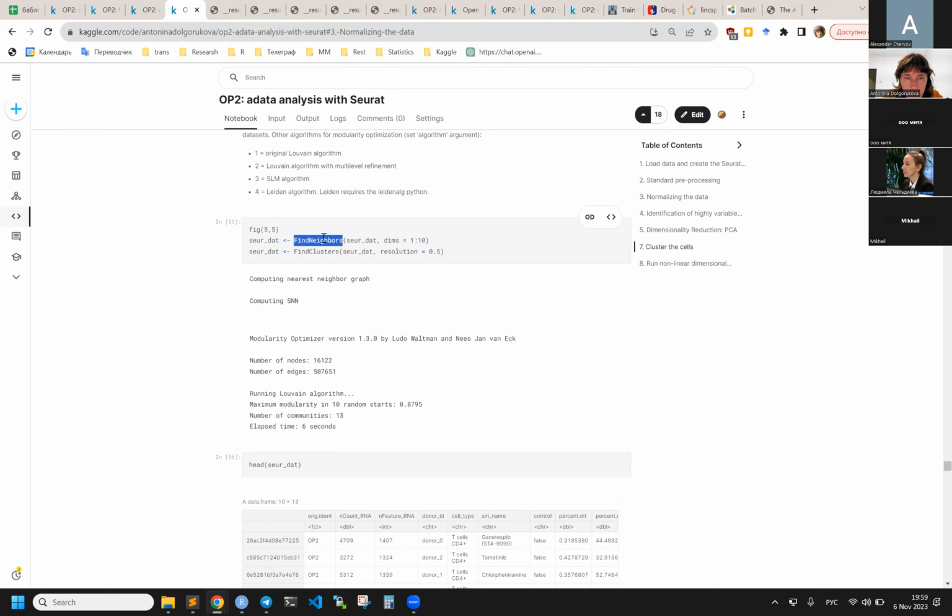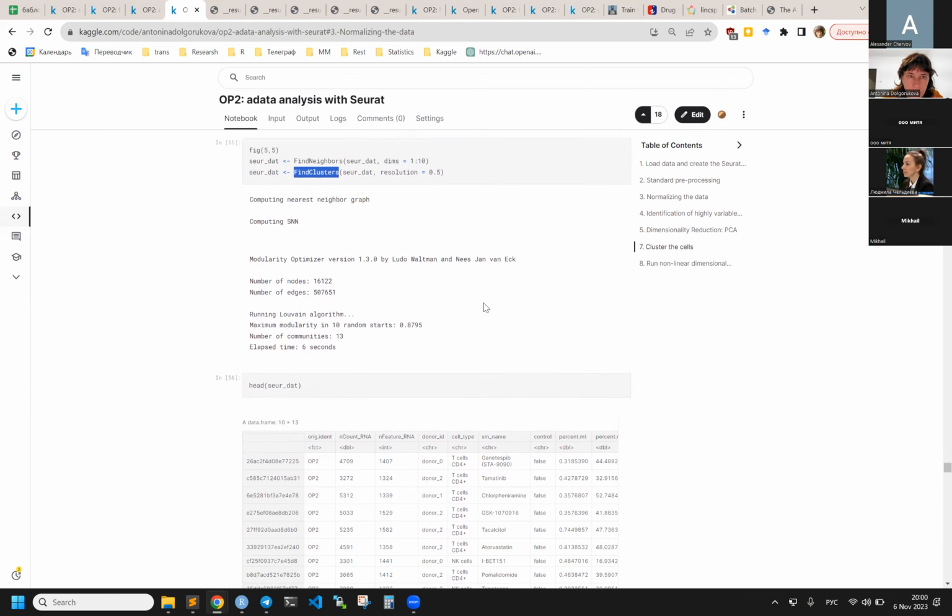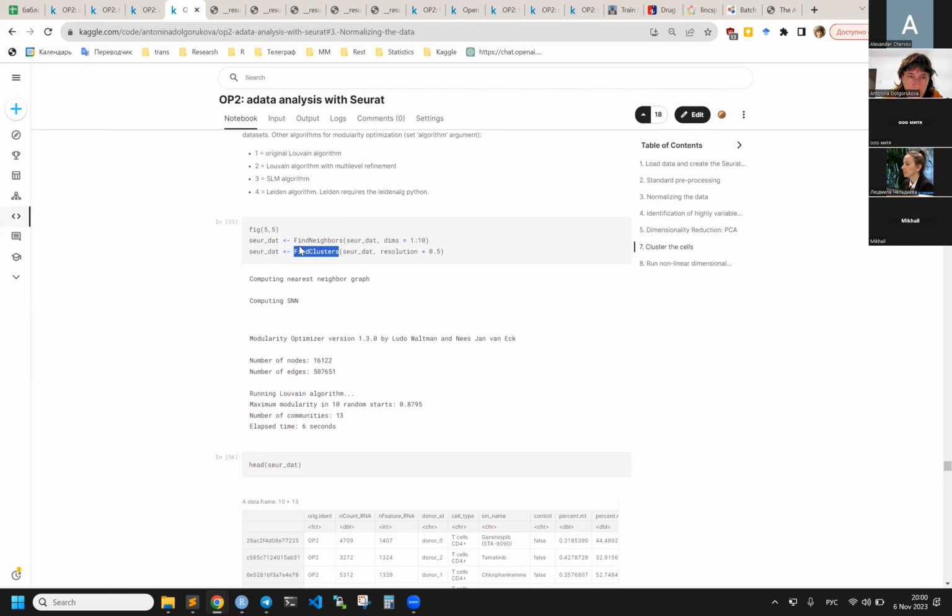now I do the analysis, finding neighbors and constructing clusters. This is to find what clusters our highly variable features produce. So again, we have highly variable genes, and these genes may differentiate drugs or cell types.